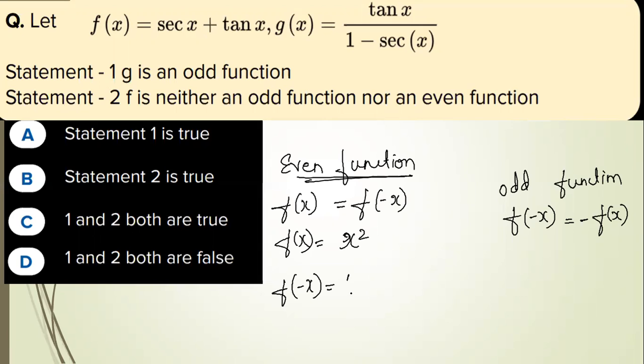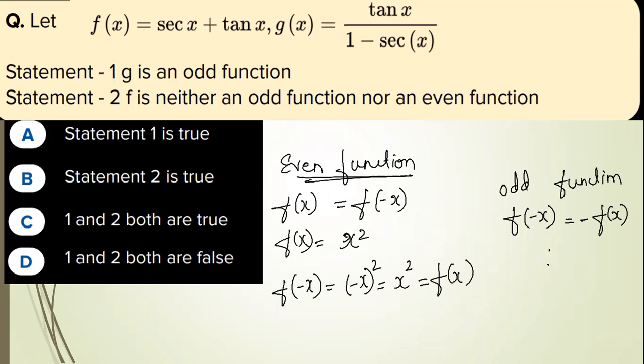So what you'll get is minus x whole square. What is minus x whole square? It is nothing but x square, which is equal to f of x. So when we put minus x in place of x, you're getting the answer as f of x only. So it is an even function.